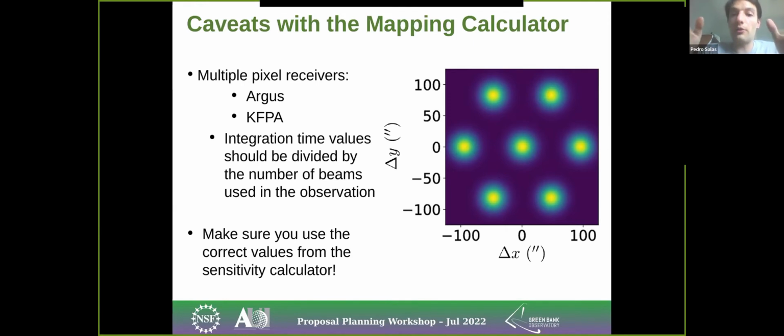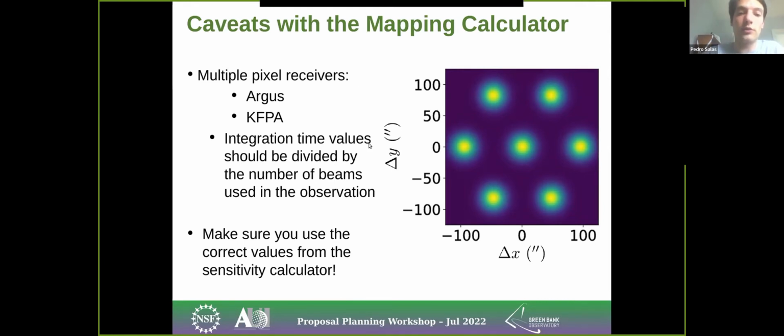If you're mapping an area that's larger than the footprint of the KFPA, then you can take that time and divide it by 7, because we have 7 beams, and that would be the time you need per beam to reach the same sensitivity, right? Just because we're mapping the same area with 7 different beams. So that's something to keep in mind. The mapping calculator will not incorporate this information per se. It's something you have to input by hand.